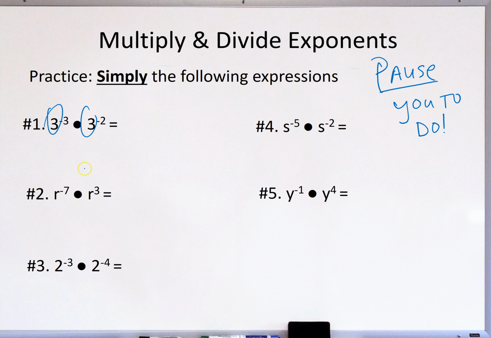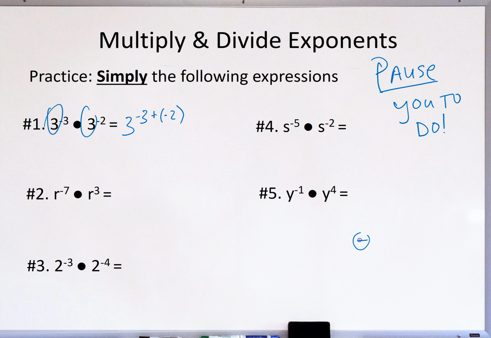Same base, it's going to add. So I have 3 to the negative 2 times 3 to the negative 3. So negative 3 plus a negative 2. So I'm going to draw a little picture here.